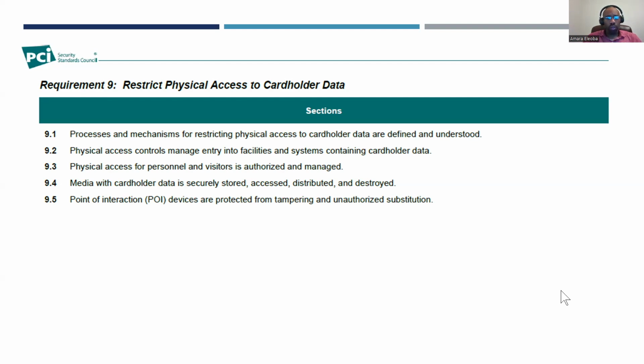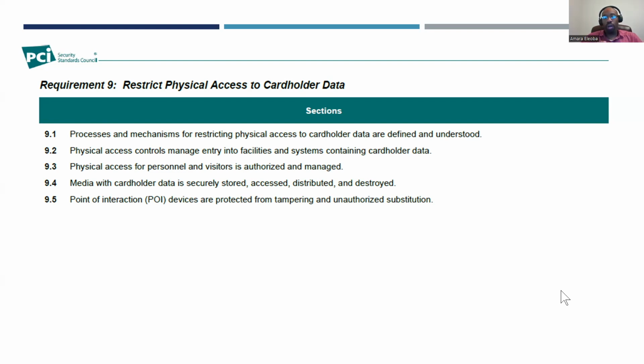9.4, we're looking into media. Media with cardholder data, we want to make sure it is secured properly, and also distributed and destroyed properly. Then 9.5, we have a point of interaction. If you remember, a point of interaction is the initial point where your data is being received.